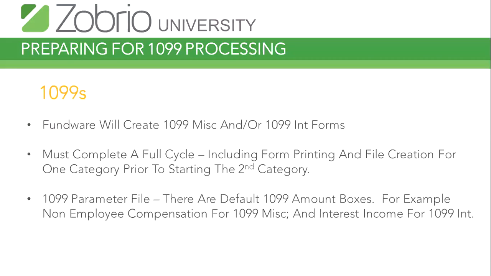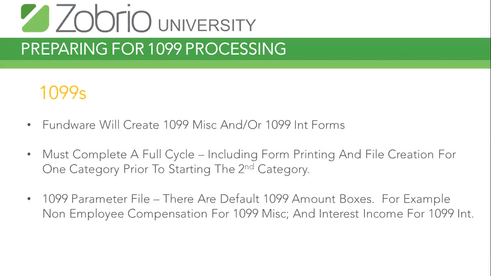And by that I mean when you print your 1099 form, there's different boxes for different categories of payments. For the most part, I think you'll find for the 1099 miscellaneous, your purchases will accumulate into non-employee compensation. For your interest income or your 1099 INTs, the purchases are going to default into the interest income box.